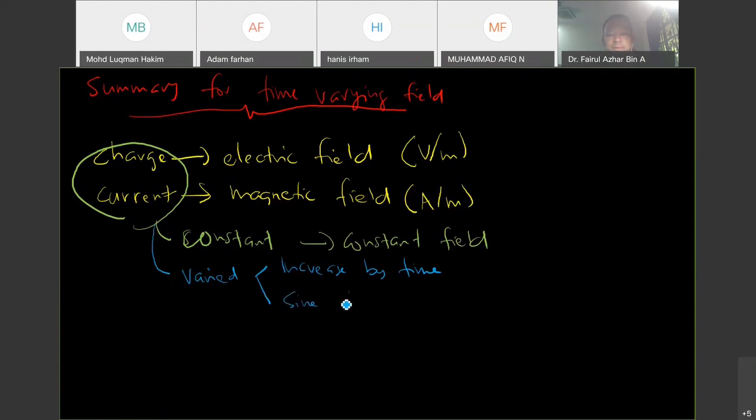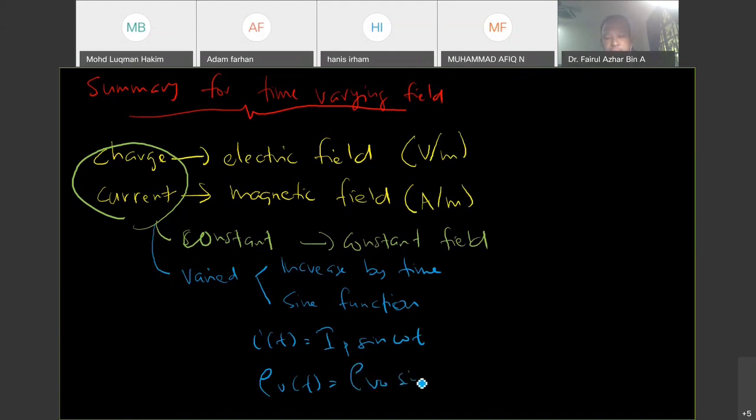For example, if we have i(t) equal to I_p sine omega t, maybe the charge as well will be, for example, rho_v(t) equal to rho_v0 sine omega t.